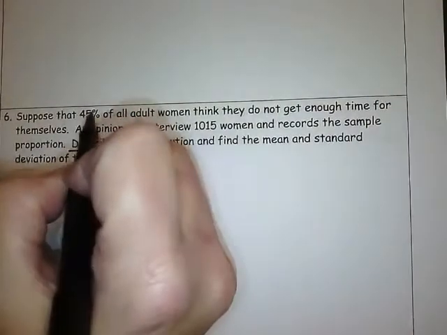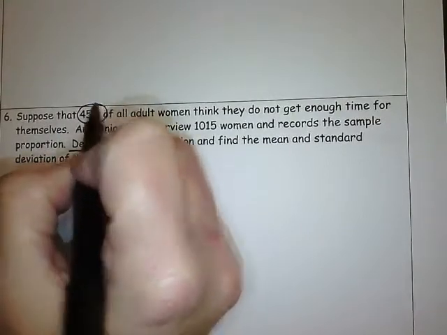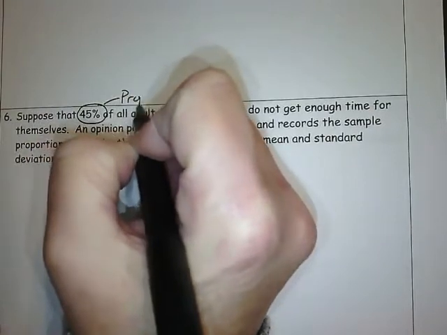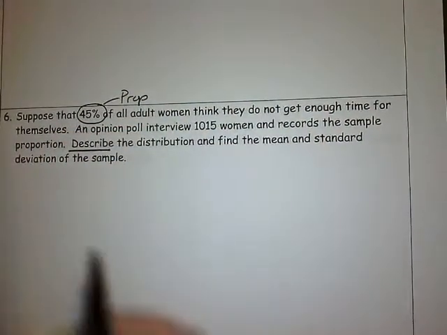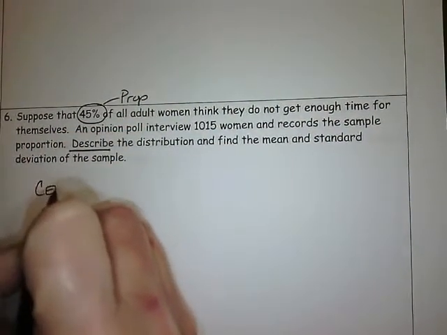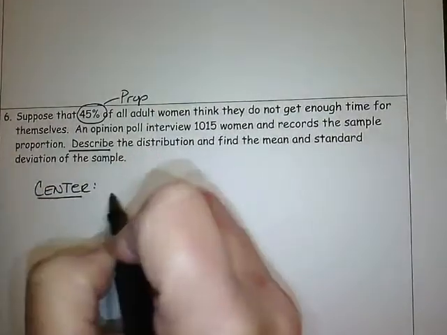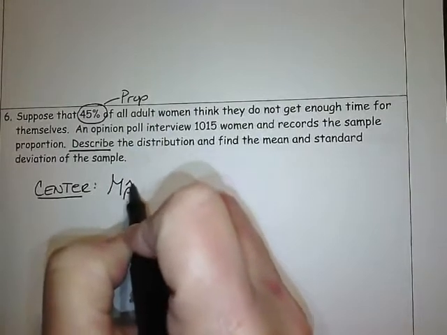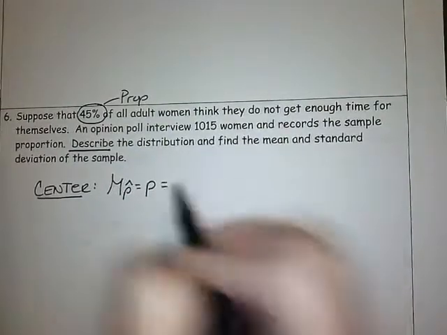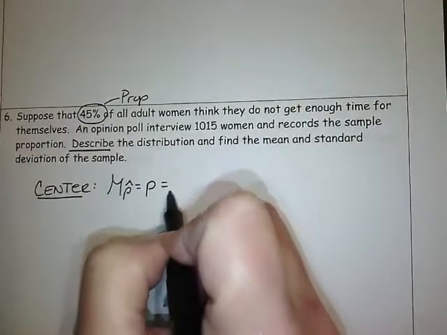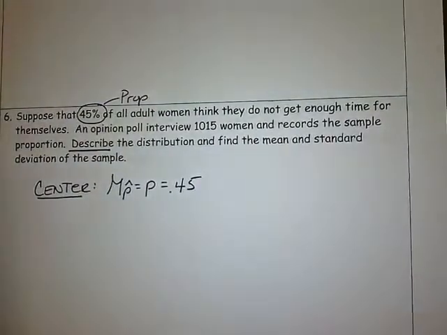So first of all, I have to think about what land I'm in. So I'm dealing with percentages, so this means I'm in the land of proportions, right? Okay, so I'm going to start with my center. My center is the mean of p hat, which is equal to the population proportion, which is going to be 0.45.